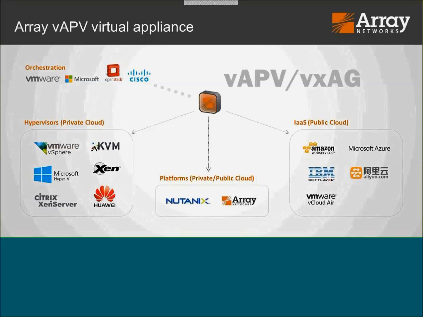And the final point to make with respect to our software products is it's not enough to be available on a private cloud, a hypervisor, or public cloud. The real key to cloud comes in automation and orchestration. And so we work with VMware vCenter, Microsoft System Center, OpenStack Neutron, the Cisco APIC and ACI, and we also have our own RESTful API and XML-RPC APIs that can be integrated into virtually any cloud management platform.